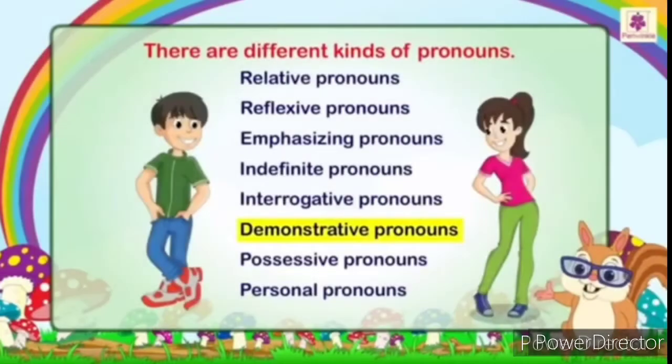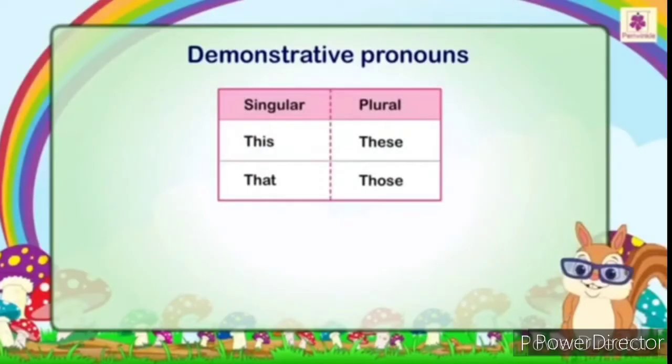We are moving on to the next type of pronoun, that is demonstrative pronoun. Let's see what is meant by demonstrative pronouns. The demonstrative pronouns in singular are this and that; in plural form, they are these and those.